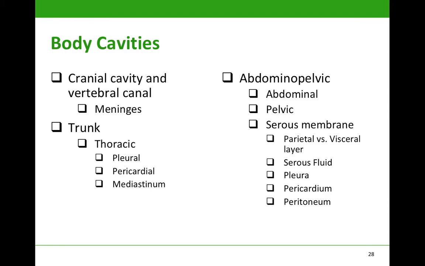Same visceral surface covering the actual heart, and parietal lining the chest wall with a little pericardial fluid in there as well. And then finally the peritoneum, that's going to be in the abdominal cavity, and same layer. So parietal will cover the abdominal wall, and the visceral will cover all of the organs in your abdomen.